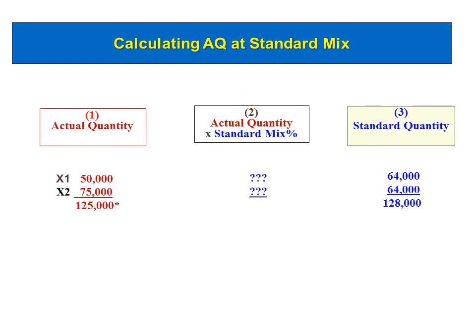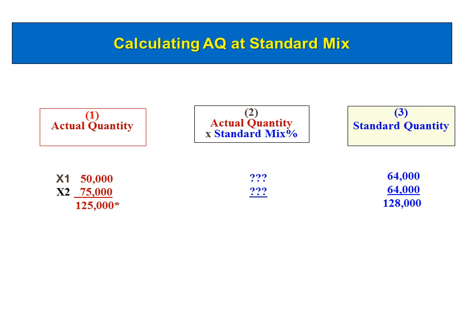Here is my actual quantity: for X1 50,000, for X2 75, so the total of them 125. And also I need standard quantity from the table: for X1 64 and for X2 64, so the total of them 128.